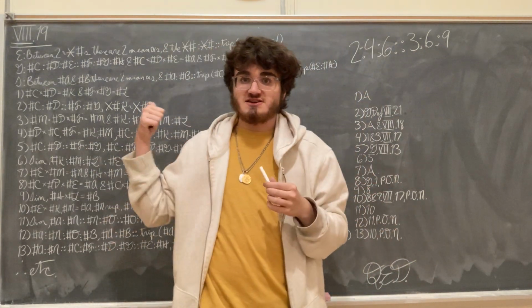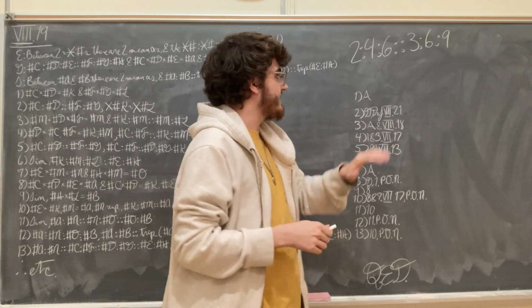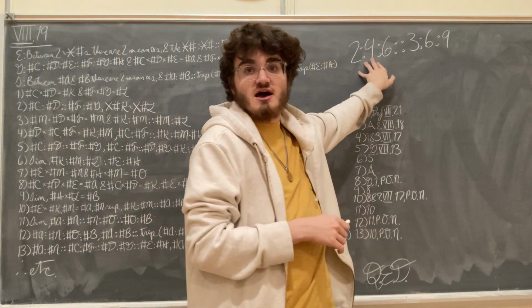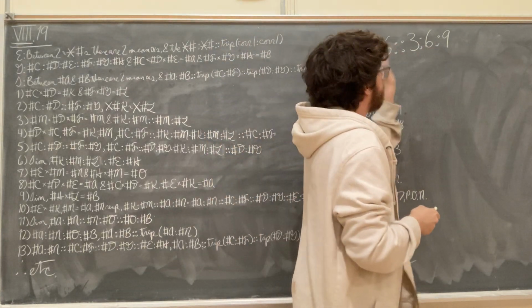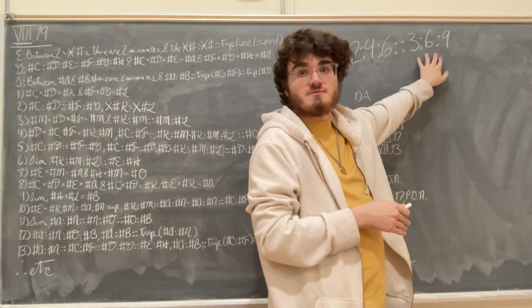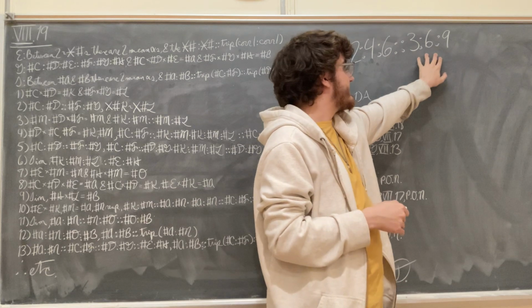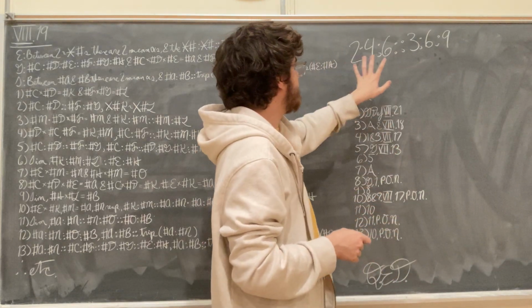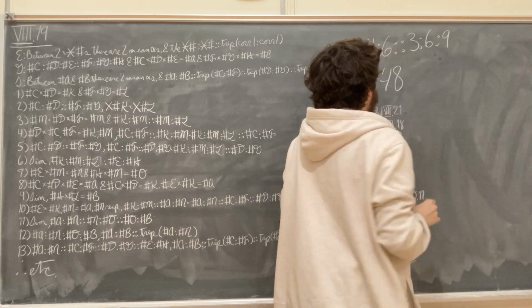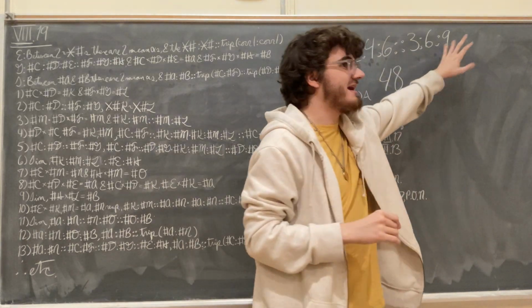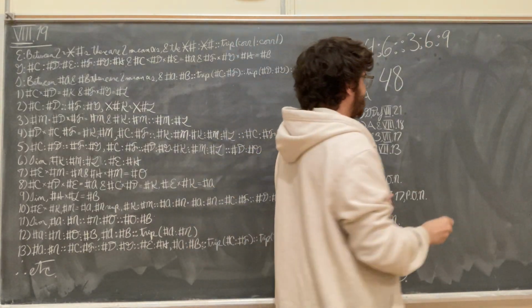So what this proposition is going to let us do is we're going to take the solid of this side of the proportion, and we're going to take the solid of this other side of the proportion. 2 times 4 times 6 makes 48. And 3 times 6 times 9 makes 162.